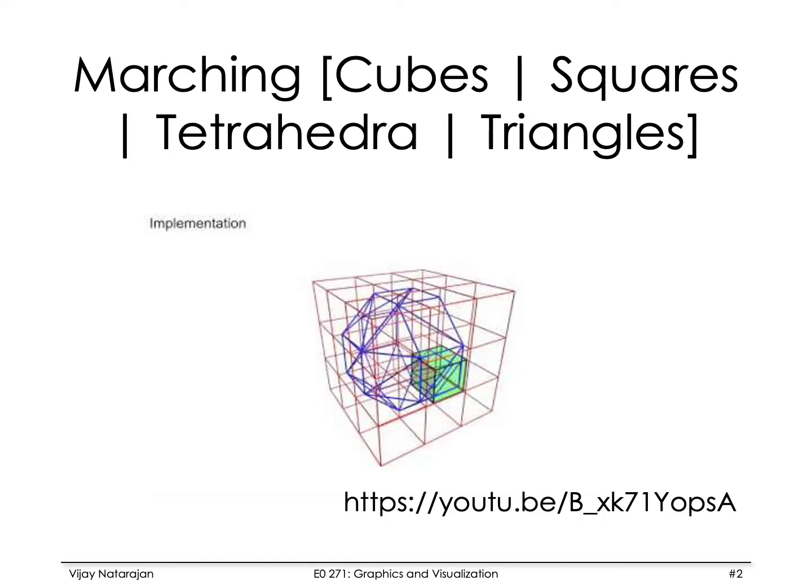We talked about the marching cubes algorithm and its natural variants, the marching squares in 2D and the variant for linear interpolants, that is marching tetrahedra and marching triangles, are very popular algorithms for extracting isosurfaces. We talked about the marching cubes algorithm in the previous lecture. The same algorithm essentially works for 2D and in the linear interpolant cases.